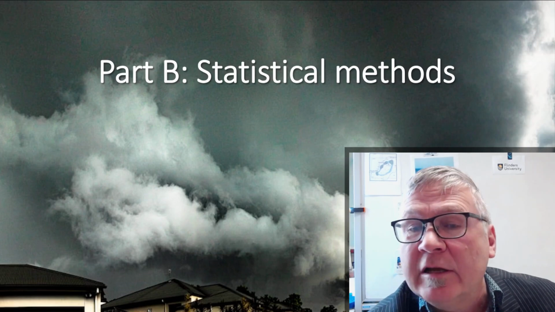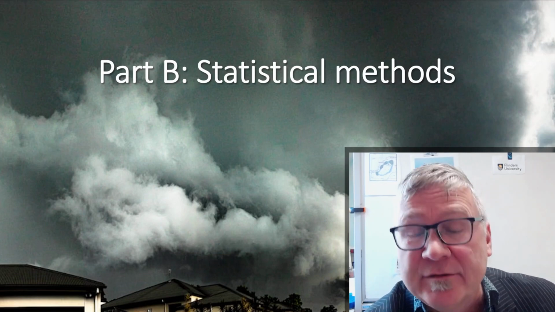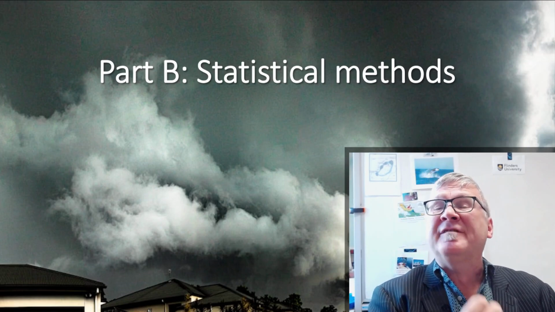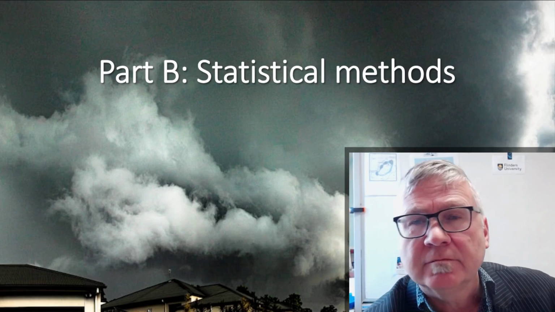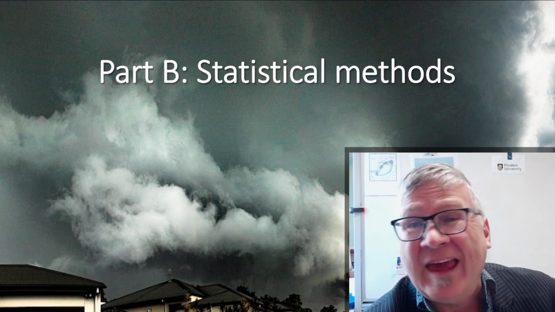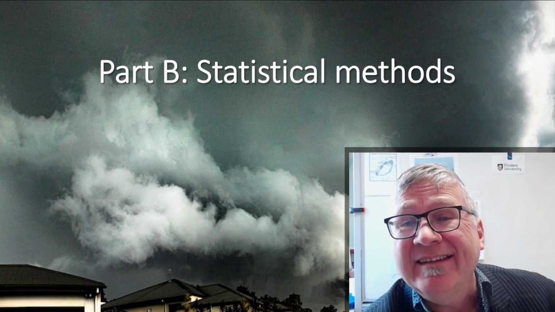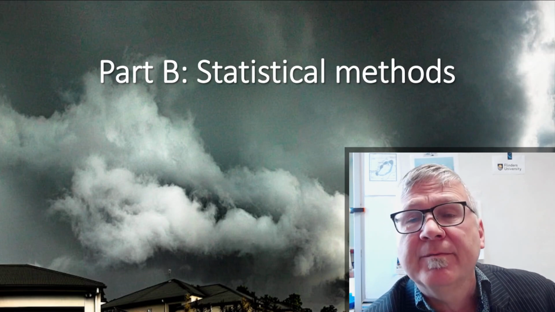So let us talk a little bit about statistical methods. What we assume here is that you have temperature measurements for a certain location over many years, and you derive daily average temperatures.